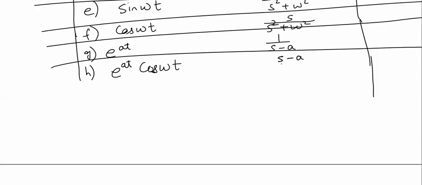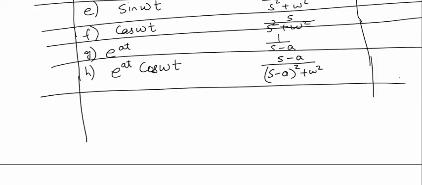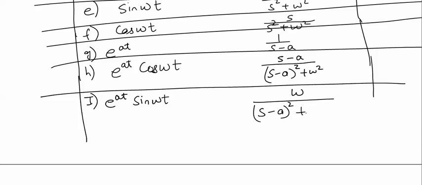It will happen: s minus a upon s minus a the whole square plus omega square. Similarly, if we do e raised to at into sine omega t, normally for sine what do you write? Omega. So we will keep omega upon s minus a the whole square plus omega square.